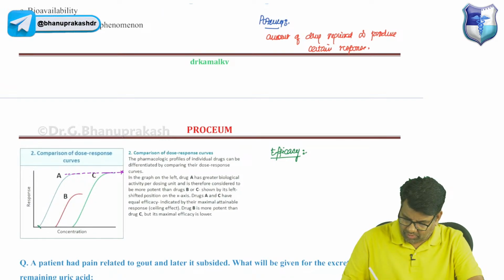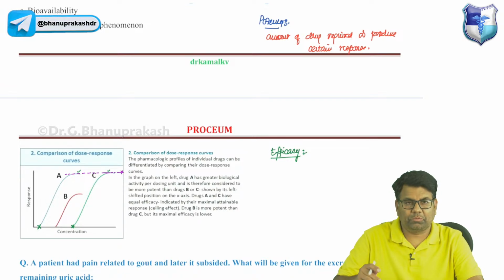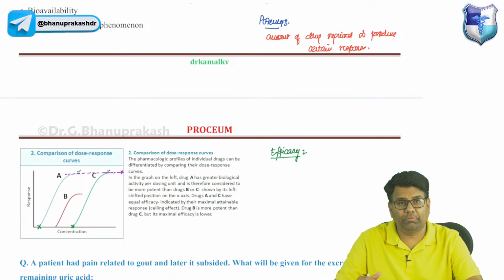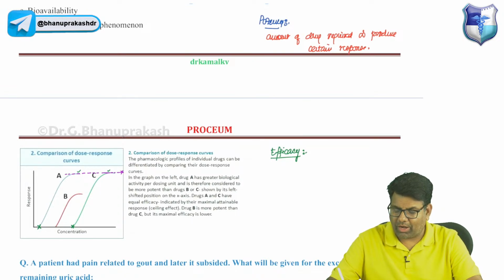So this much amount of drug A is required to give the response, whereas you need a little more amount of drug C to get this response. So it means A is more potent than C, because the response which is achieved by C, the same can be achieved by A in a very small quantity of drug, right? So the amount of drug required to produce a certain response, that is known as potency.